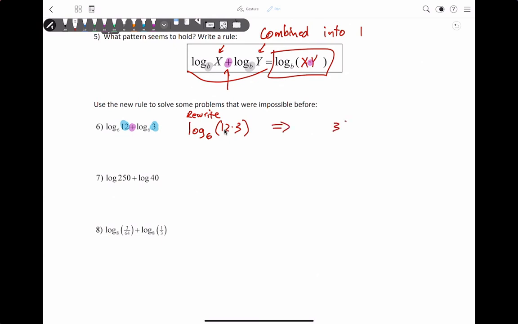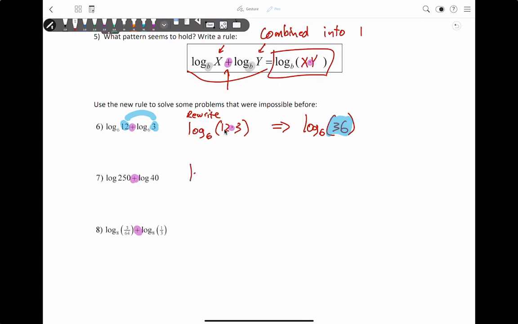So log base 6 of 36 is what this ultimately became. So this right here was a product of this 12 times 3. Okay, again, why did we multiply? Because these are adding. We're going to see what happens if it's subtraction in just a bit. So adding, we multiply. Okay, and then yes, the following we're still going to multiply.